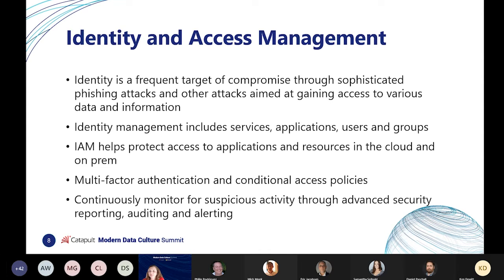Next slide. In terms of identity access management, of course, what we're seeing these days as security architecture and businesses continue to evolve with the ways we're using our data is that identity is a frequent target of compromise through sophisticated phishing attacks and other types of attacks aimed at gaining access to various data and information.